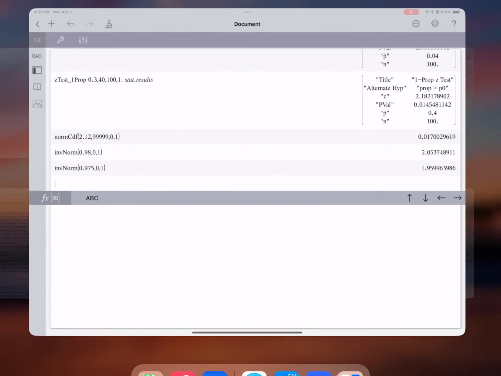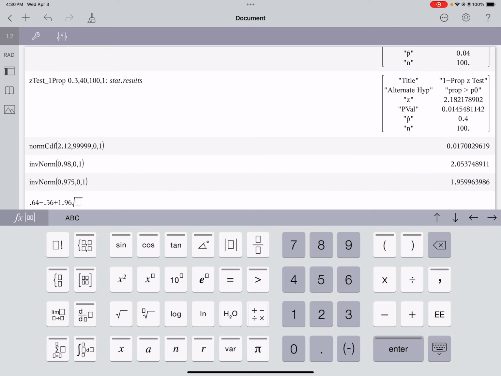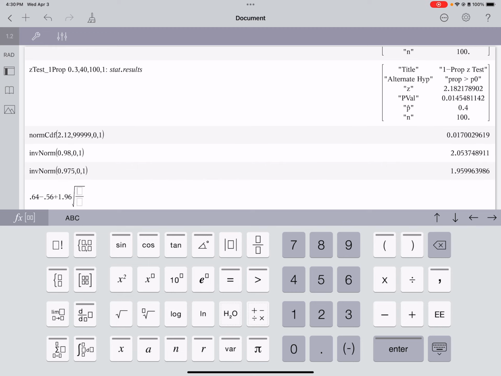So in your calculator, if I just go 0.64 minus 0.56 plus, it doesn't do plus or minus, so you're going to have to use this 1.96 and then square root, and I put this under the square root. So I have 0.64 times 0.36 over 50 plus another one of this, 0.56 times 0.44 over 45.